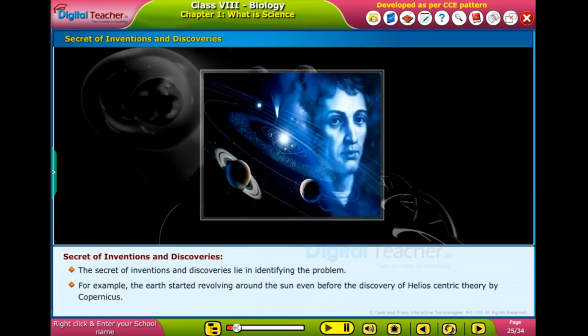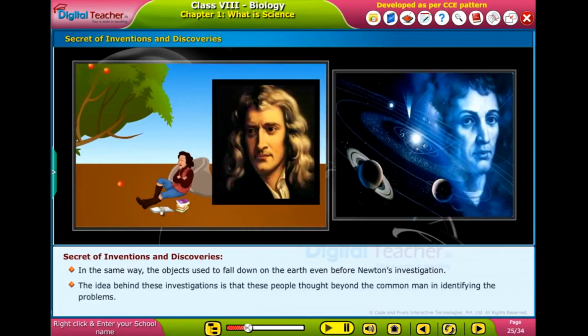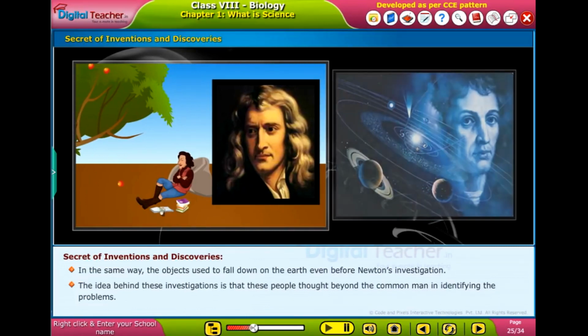For example, the Earth started revolving around the Sun even before the discovery of heliocentric theory by Copernicus. In a similar way, objects used to fall down on the Earth even before Newton's investigation. The idea behind these investigations is that these people thought beyond the common man in identifying the problems.